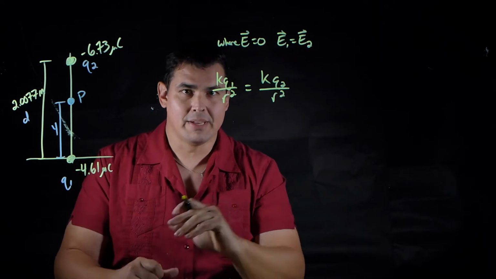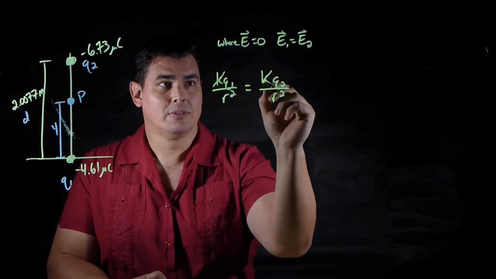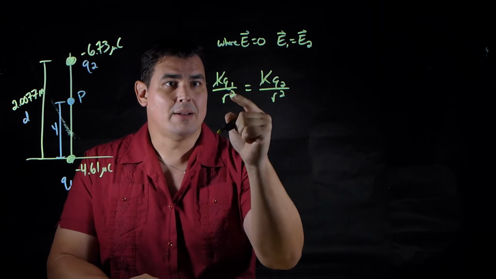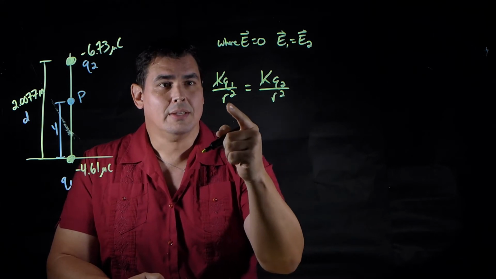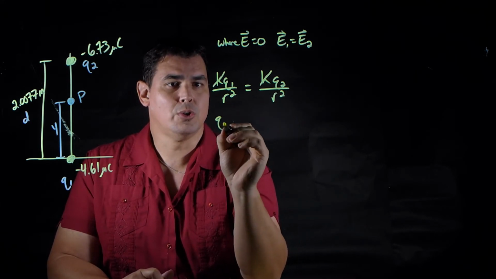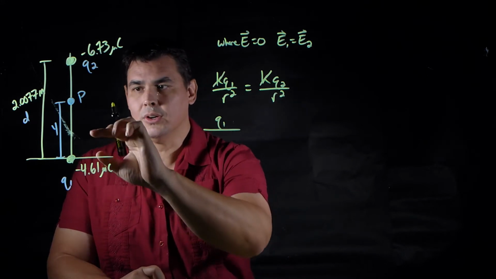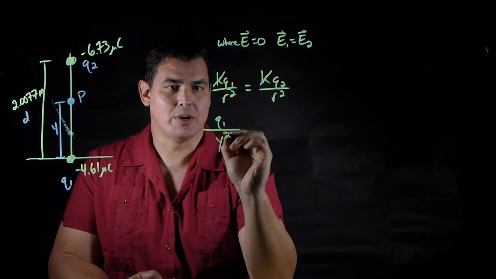Okay, so let's make some other substitutions, right? First off, these both have K in it, right? So I can cancel out the K, and I'm left with Q1 over R squared equals Q2 over R squared. So let's substitute in what these R's are. Q1 is over this distance here, which I said was Y, so I'll call that over Y squared.